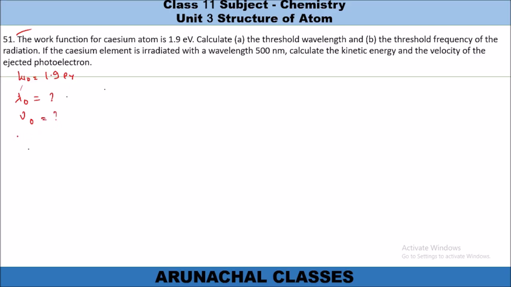Then see if the cesium metal is irradiated with a wavelength of 500 nanometer, we have to calculate the kinetic energy and velocity of the excited electron. So these values we have to find.